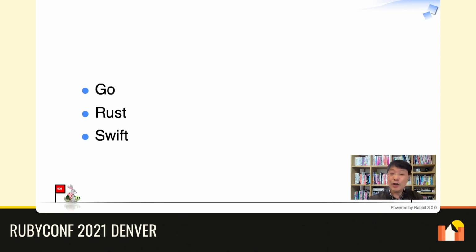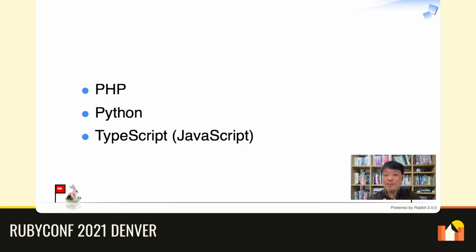And our old friends, the dynamic programming languages like PHP, Python, and JavaScript, all went to static typing, like adding type annotations, type hinting, or a statically typed dialect named TypeScript. So they are still dynamic, but they adapted some kind of static type annotations or gradual typing.